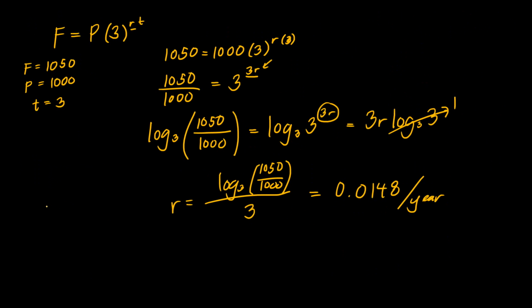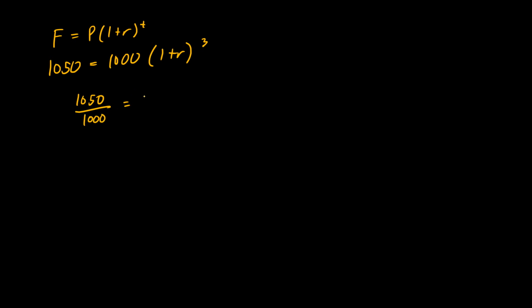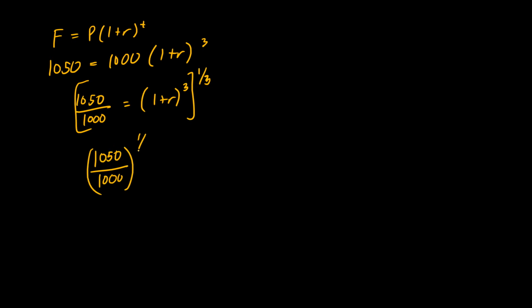Should I give an example for the compound interest form? Probably a quick one. Let's say same values. We don't know the r, we know it's 3. Here, we need to get rid of the 3, which we can do if we cube root both sides. If we cube root both sides, then the r is already free.